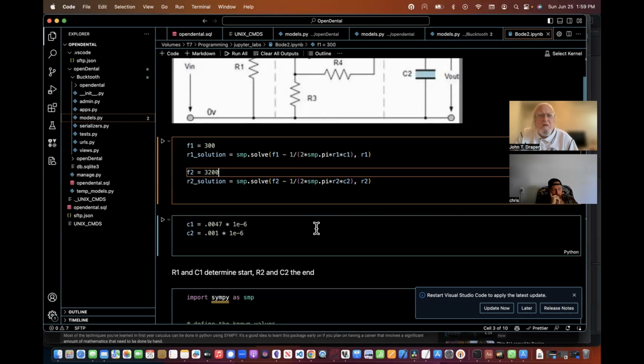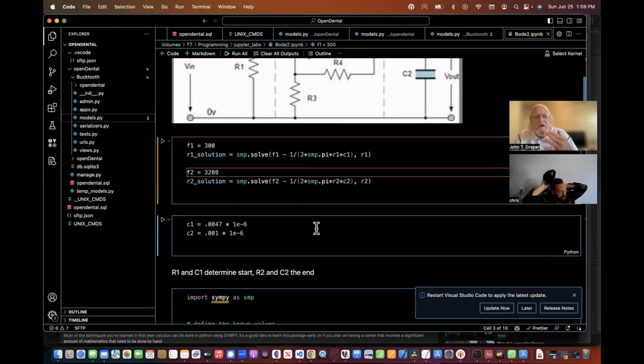It's much, much better to calculate for R than it is to calculate for C, because for resistance values, you can get resistors at a 1% tolerance if you want to. Normally, resistors of the standard value go between 5, 10, and 20%. Okay, that's the tolerance. Capacitors are usually 5 and 10%, and they're always standard values, like a 0.0047. That's a standard value of a capacitor, and the same thing with C2.